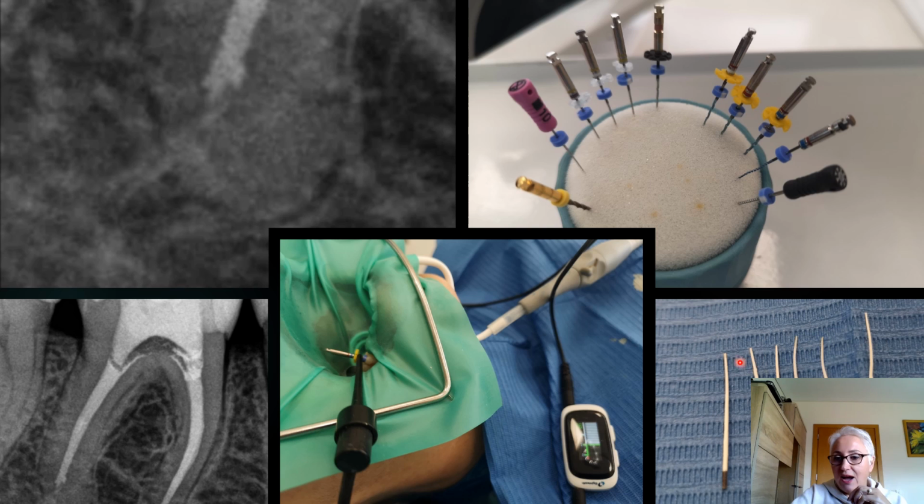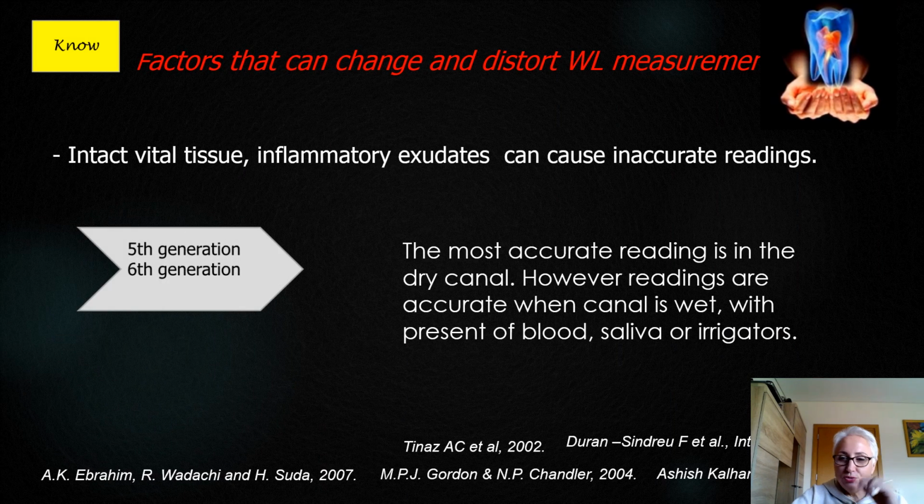I dry the canal, and you can see all my paper points are without fluids and without blood. So for working length determination I combined two methods: apex locator and paper point. I don't like to take X-rays with my instruments because, as I told you, it's not reliable. I don't know exactly where my instrument is, whether at the apical foramina or at the apical constriction or somewhere in between.